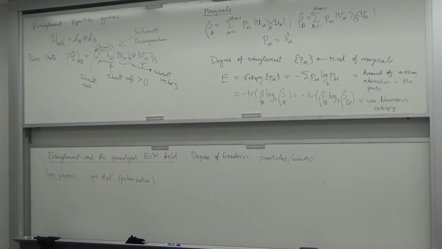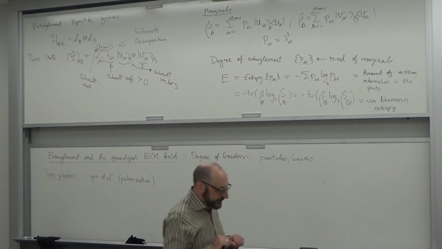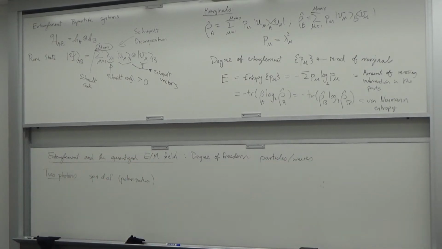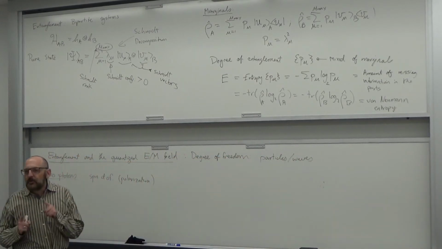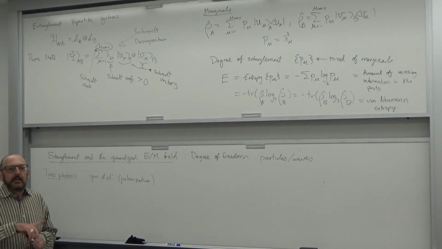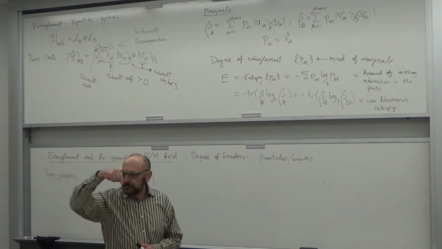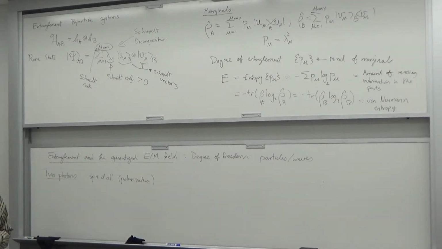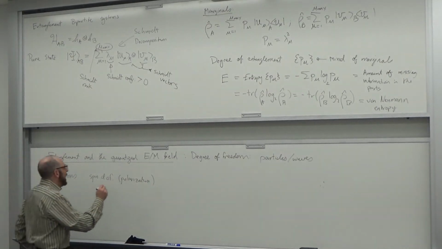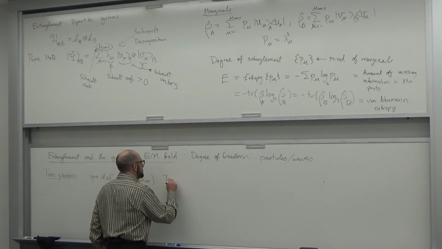So loosely, and we're going to come back to this in a moment to be a little less loose, I can think, okay, I have two photons. Each photon can have two polarization states if I look at its polarization relative to its propagation. So I can think about this as two qubits.